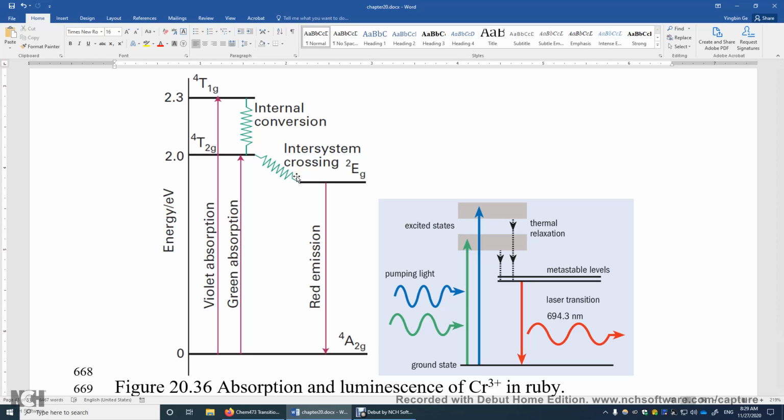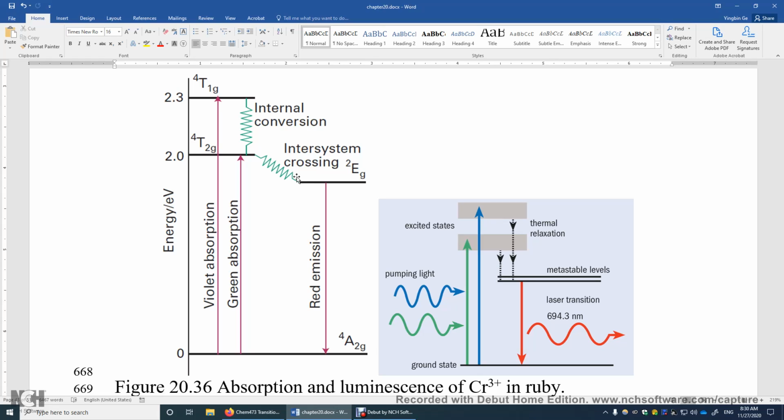There are 2 possible reasons. One is spin-orbit coupling. The electron spin flip can be induced by spin-orbit coupling, because the spin angular momentum and the orbital angular momentum can be coupled.